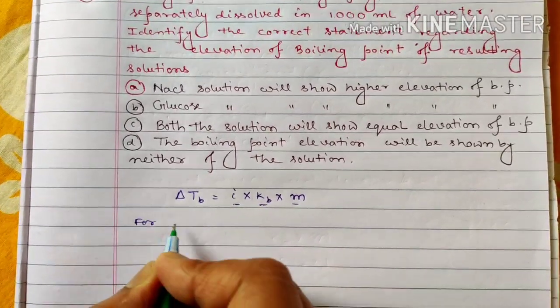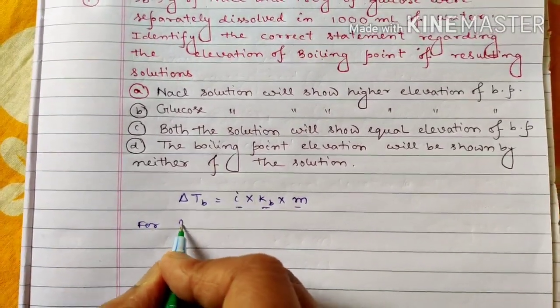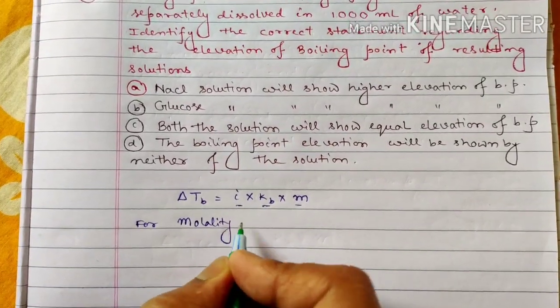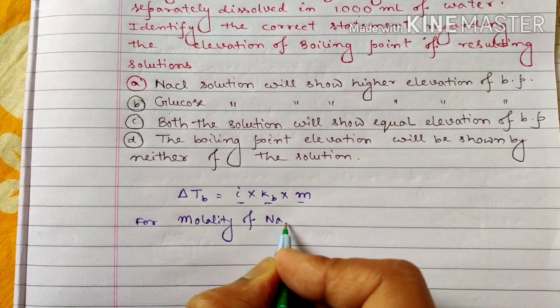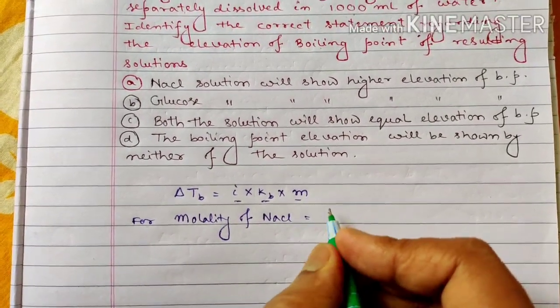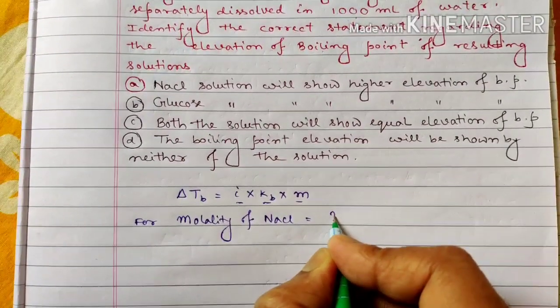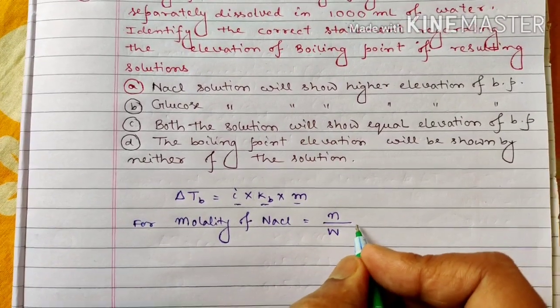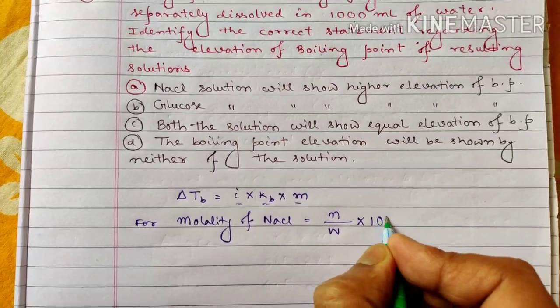If we want to find the molality of NaCl, then it will be n by W into 1000.